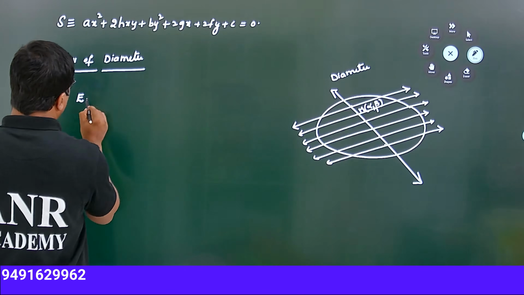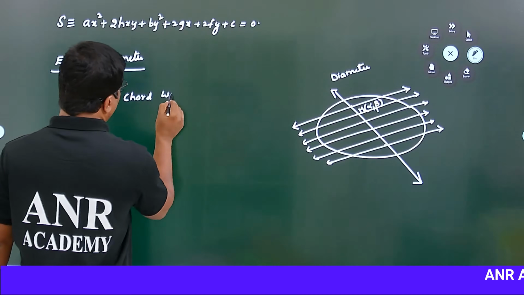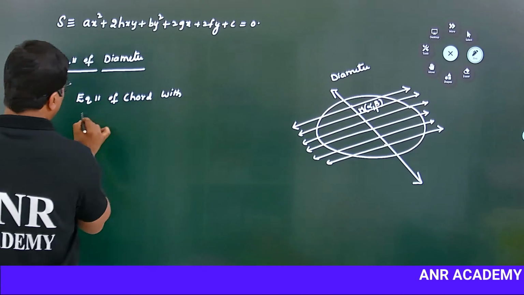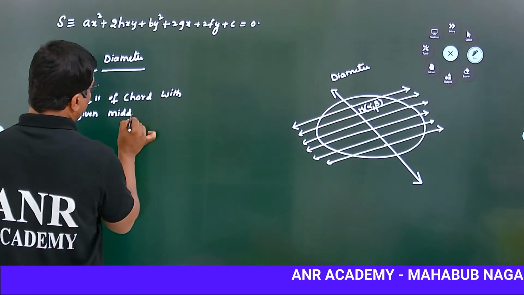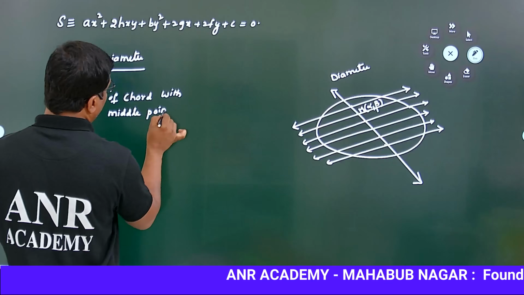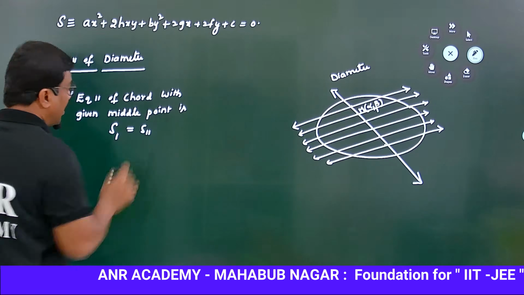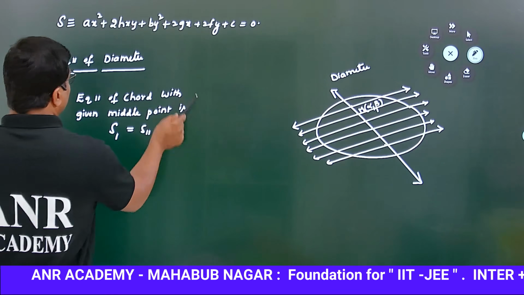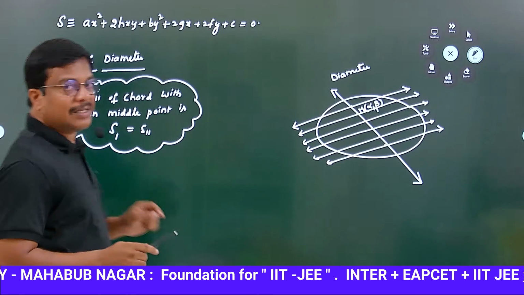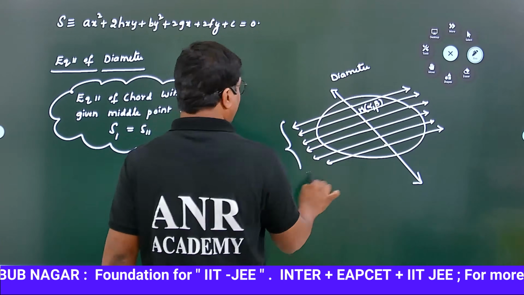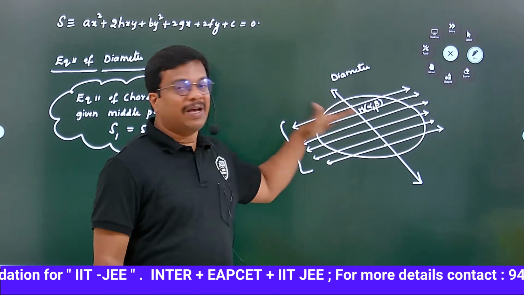I am going to find first the equation of curve with given middle point. We know that this is denoted by S1 equal to S11. First, using this concept, I am going to find the equation. Curve with given middle point, first I am going to find. That is, this family I am going to find now.